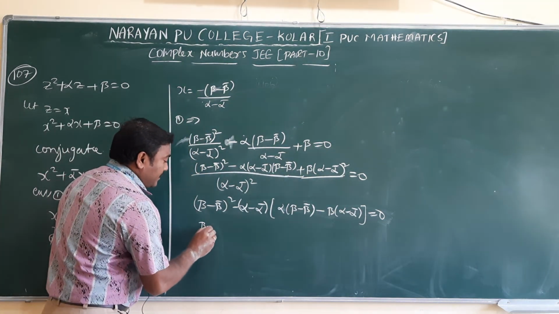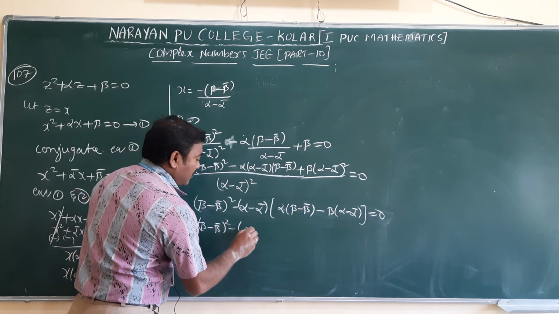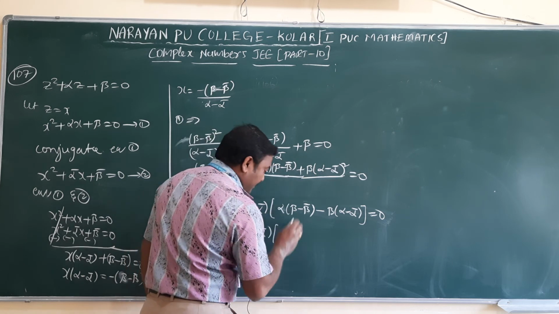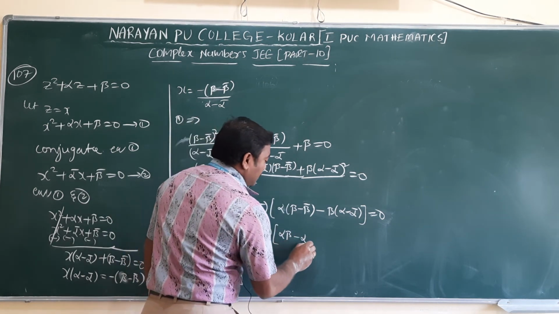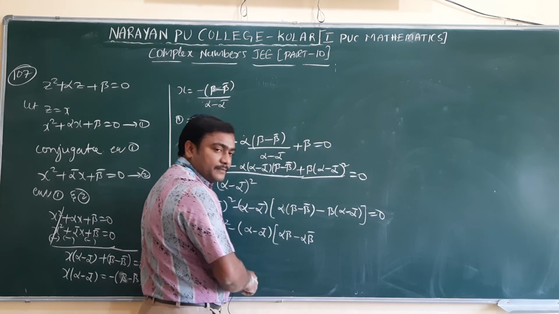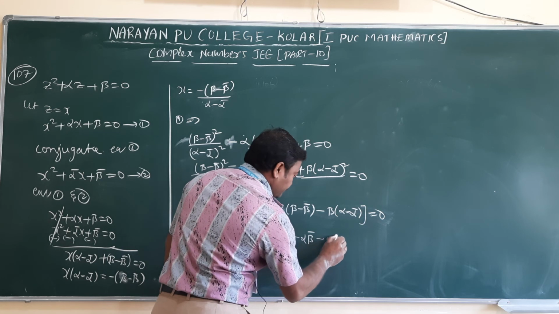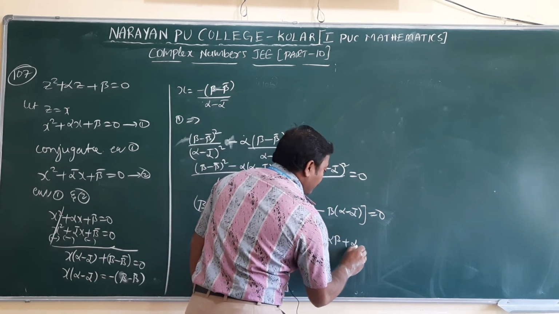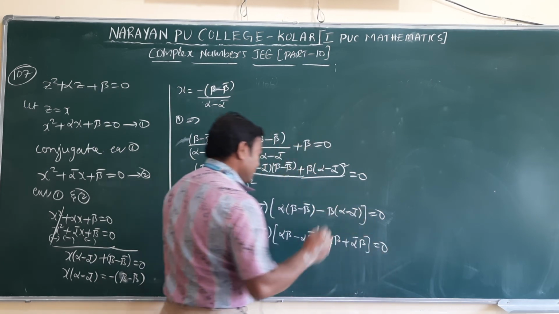Now multiply here: alpha beta minus alpha into beta bar minus alpha bar beta is equal to 0.